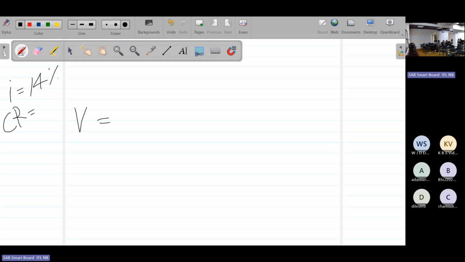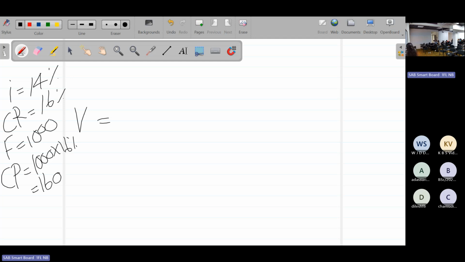Coupon rate, 16%. Face value, 1,000. Right. Coupon payment, CP. How can you calculate? 1,000 multiplied by 16%, that is 160.